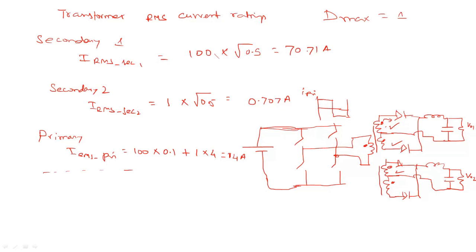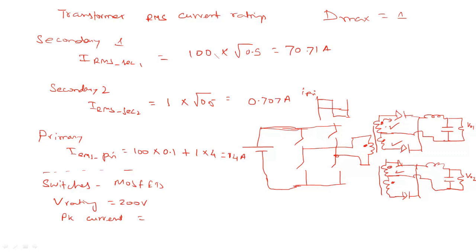The last one is the switches' current and voltage ratings. For the MOSFETs, the V rating is the same as the maximum input voltage, which is 200 volts, and the peak current rating would be, now just consider the ripple as well.